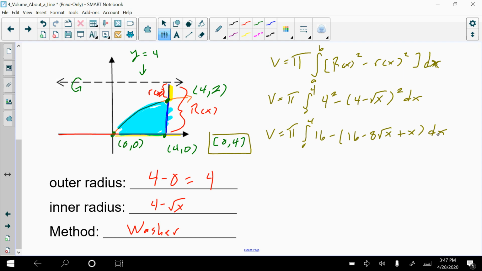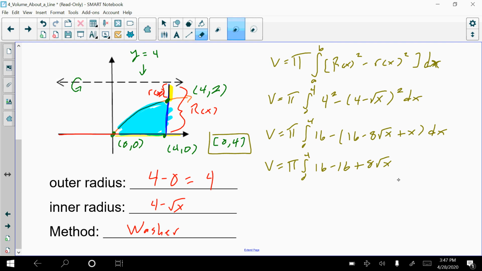And distribute the negative sign inside of the integrand into the parentheses, and we'll get 0 to 4 of 16 minus 16 plus 8 radical x minus x, all with respect to x.